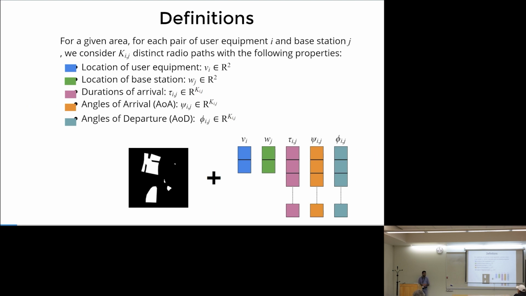Now let's get to some definitions. For each area, we have its top-down view of the map. We have the x and y coordinates of the user equipment. We have the x and y coordinates of the base station. And for each user equipment i and base station j, we have Kij radio waves.